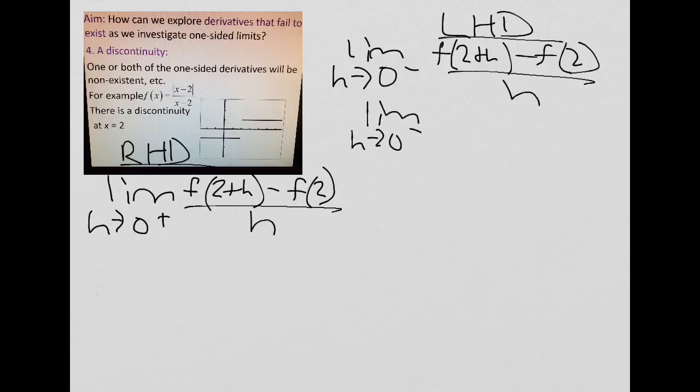Well, let's see. We can plug in the 2 plus h, or h plus 2, into the absolute value here. But the problem exists in evaluating when x is 2, because you're going to end up plugging it into this function. Actually, let me erase that.